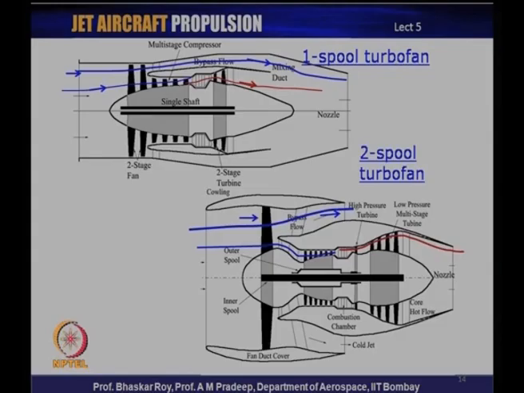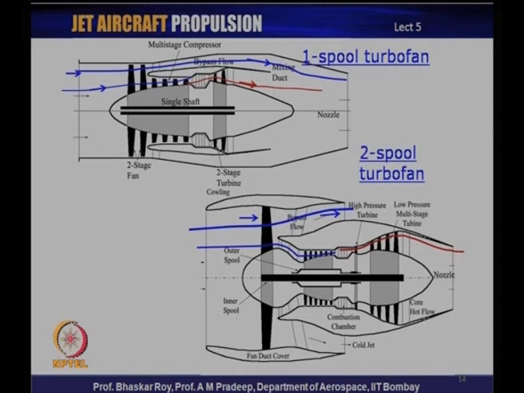Two spool turbofan means that the turbine works in two groups, one often called the high pressure turbine group, which may be a single or two turbines, and then the low pressure group, which is often a multi-stage turbine group, and they produce power over two shafts.